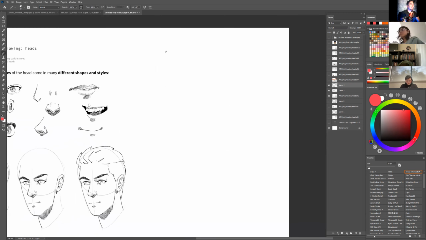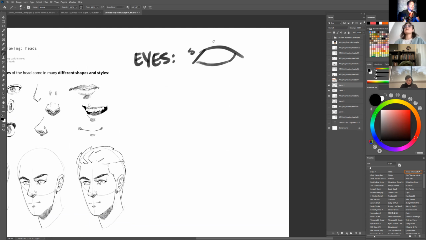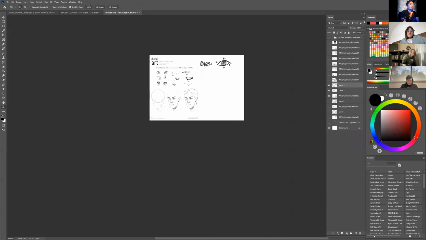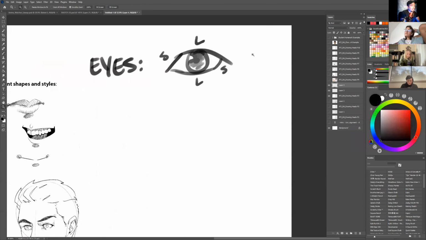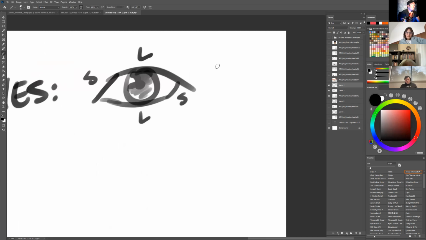So if we had to give a big tip from last week about eyes, to me, the biggest tip was that rhythm that we talked about. Short, long, long, short, right? So that's a really good tip for the shape of the eye. And keep in mind that you can do that even with something that's stylized.